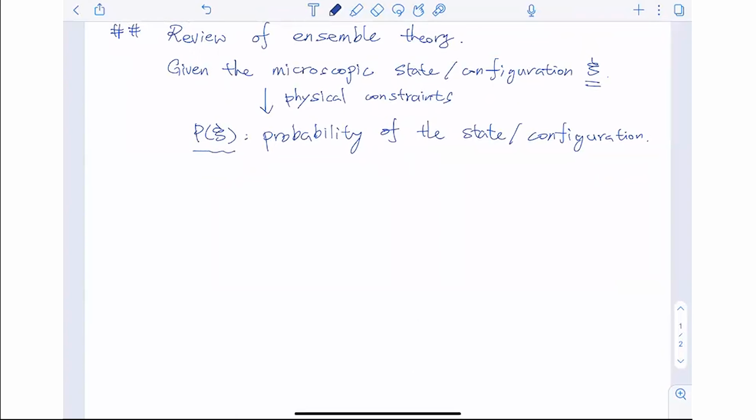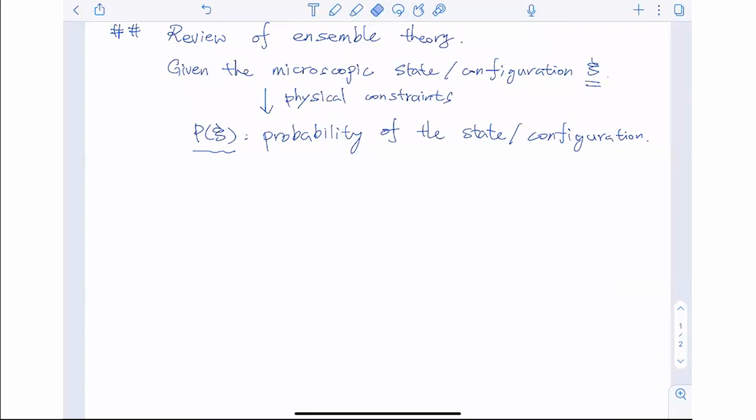Because once we have that, we can use it to calculate the expectation value of certain observables or the fluctuation for these observables, or connect to thermodynamic potentials such that we have a thermodynamic theory to give us different descriptions such as the state equation.